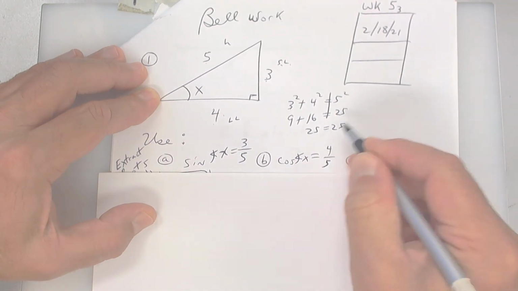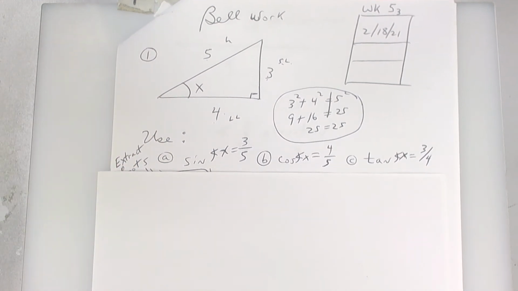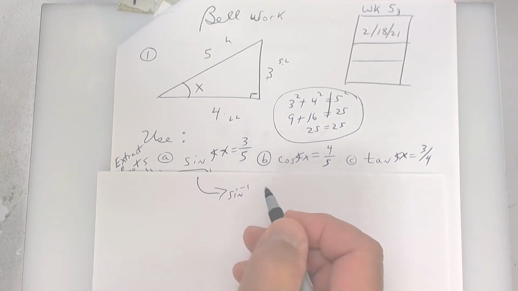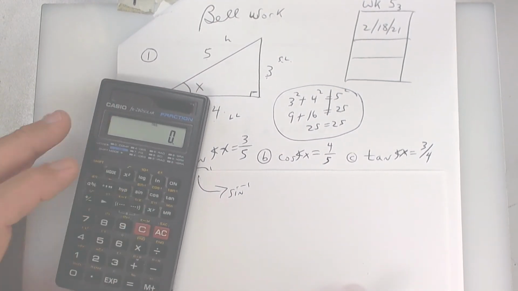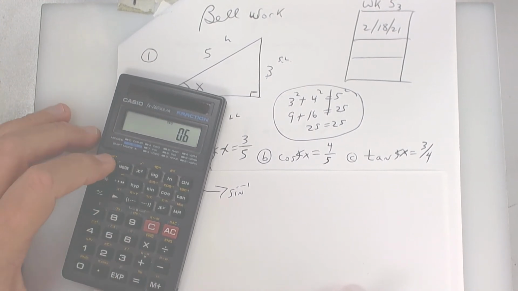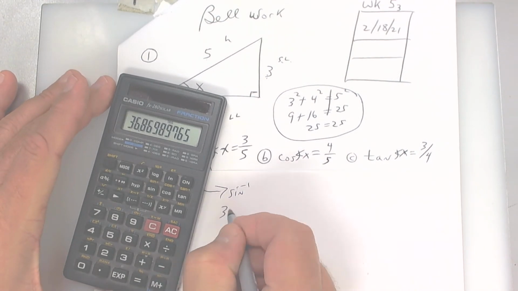Now all of these should be the same because it's a right triangle, so let's check it. This one right here, you're going to divide by the word sine, and it's going to become the inverse. So clear your calculator out, take 3 divided by 5, or however you do it on your calculator, hit shift, and then sine. I get 36.9.